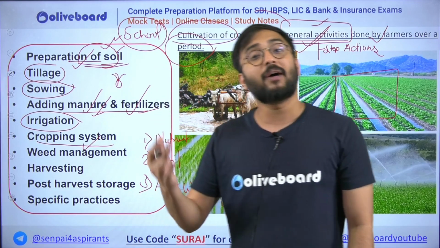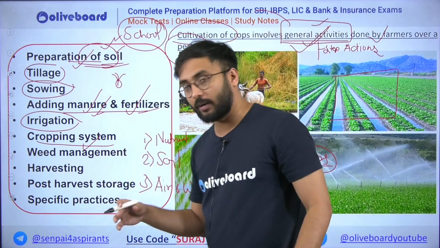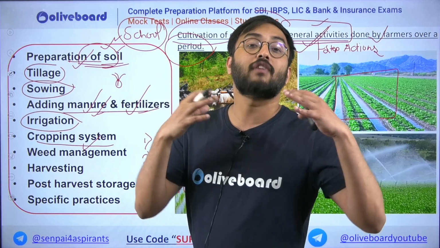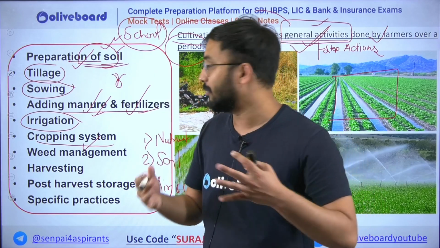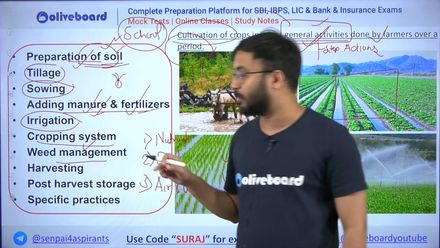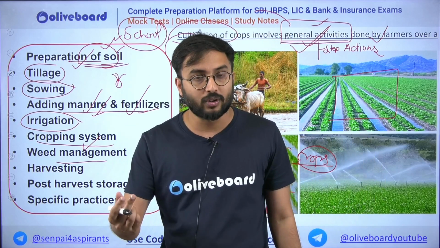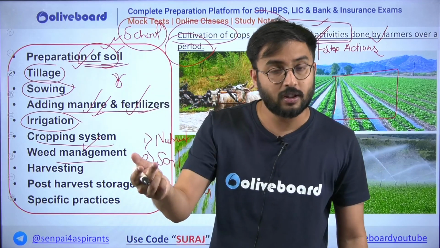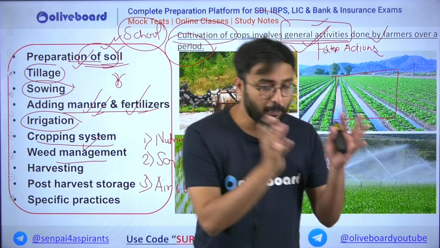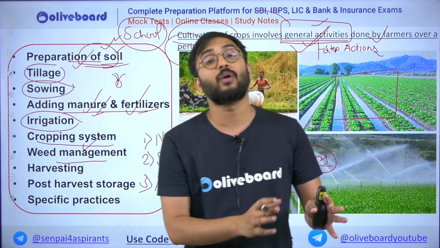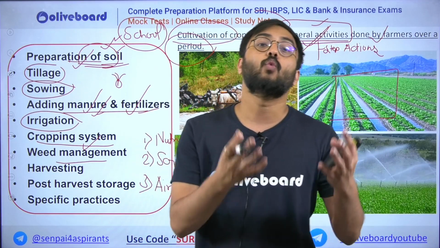Multiple cropping systems also come together and make your farming system complete. Then there is weed management, dealing with unwanted plant growth in your field. Of course, you won't want plant material in your field which will hinder the growth of your wanted crop.